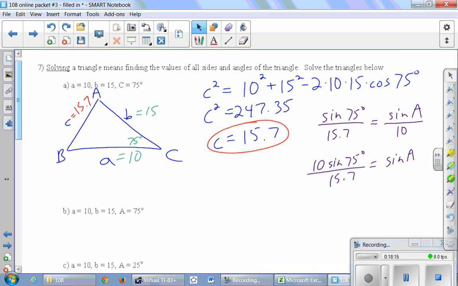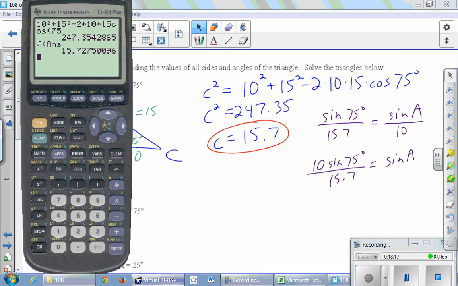And then take the inverse sine of whatever we get. So 10 sine 75 divided by, and then instead of typing 15.7, which is a rounded version of the answer, why don't we use the second answer? We've got it there, so this will give us the most accurate version of things. And that's what the sine of the angle is, so we'll take the inverse sine of that to find angle A.